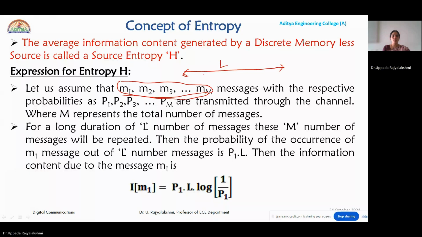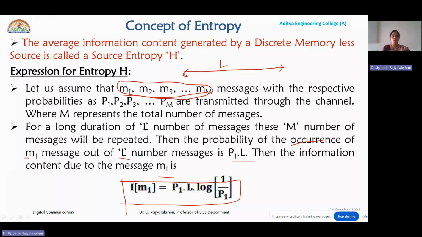repeated. That means the number of occurrences of message M1 out of capital L messages is P1 into L. Therefore, the information content due to the message M1 is I of M1 equal to P1 into L into log 1 by P1, because the information of a particular message is proportional to log 1 by P1.